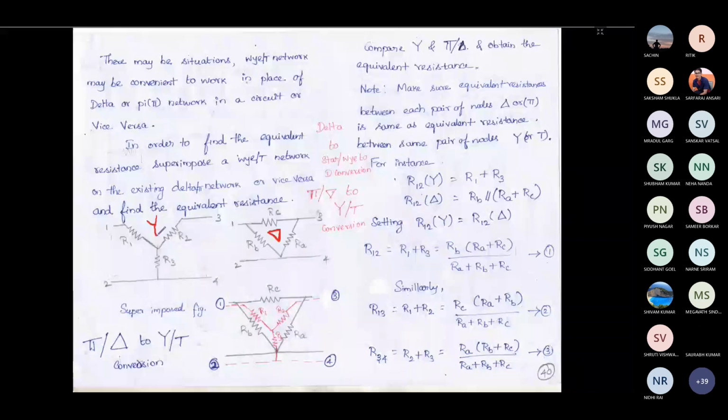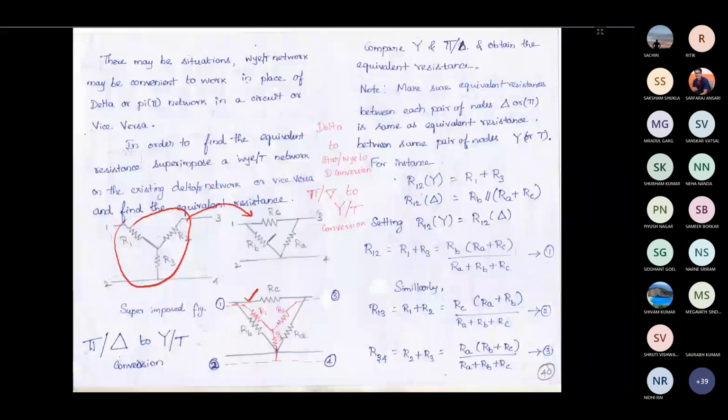Let us redraw this so that we can understand what we are going to do clearly. You can just put this into this. Then you will get a diagram like this. I have just superimposed it with regard to the terminals, so the terminal numbers are the same.